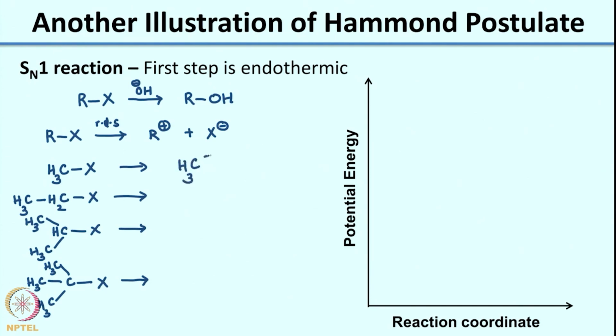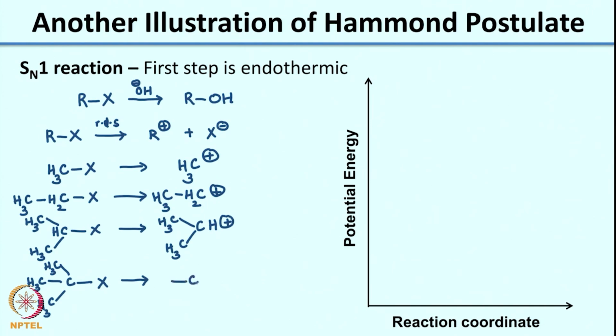So in one case you generate a methyl carbocation, in the other case you generate an ethyl carbocation, you generate a propyl carbocation, and then you generate a tertiary butyl carbocation, and all of this plus X minus.